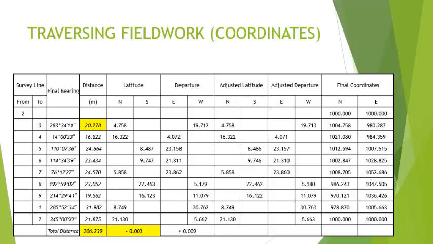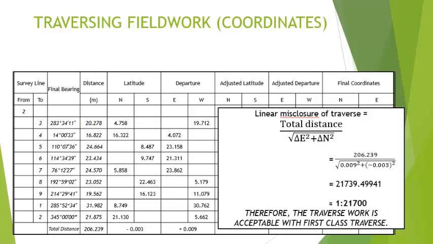So, what does this value actually mean? 1:21,700. This is a ratio showing the error. As you know, a ratio does not have specific units. So in this value, we can put it as millimeter, let's say millimeter.